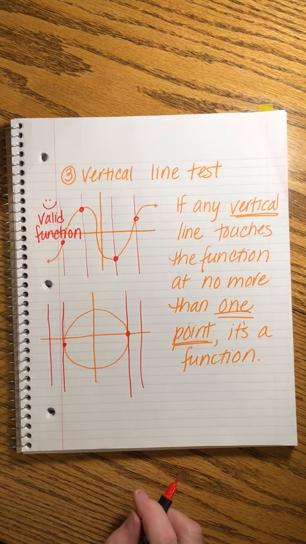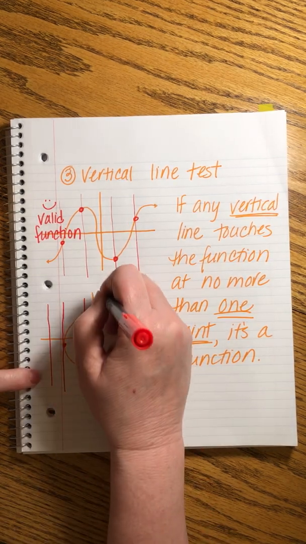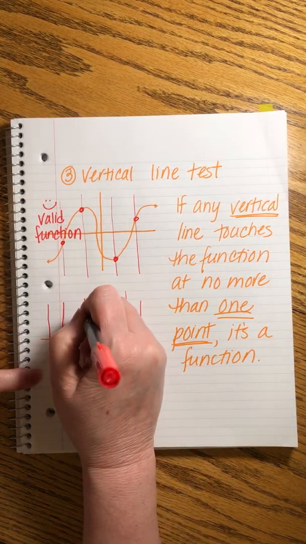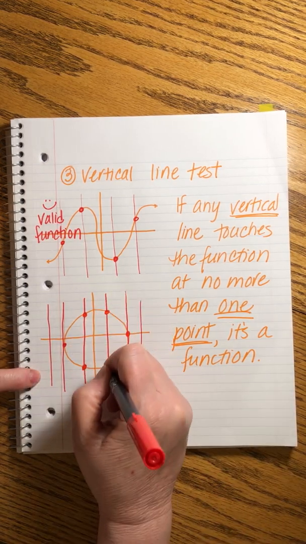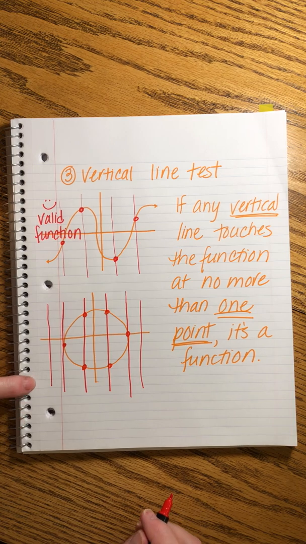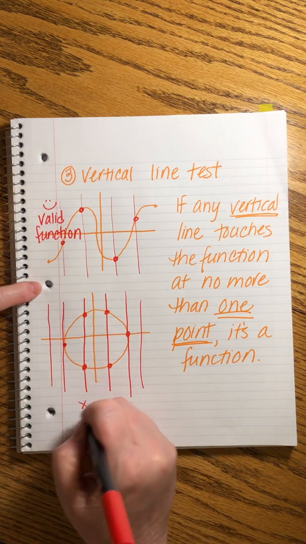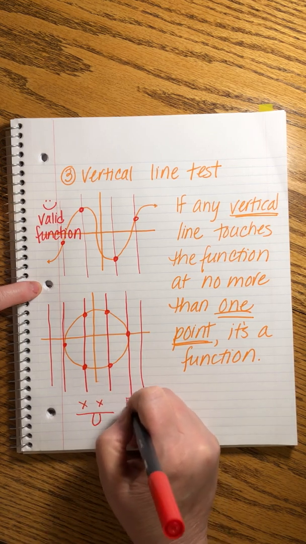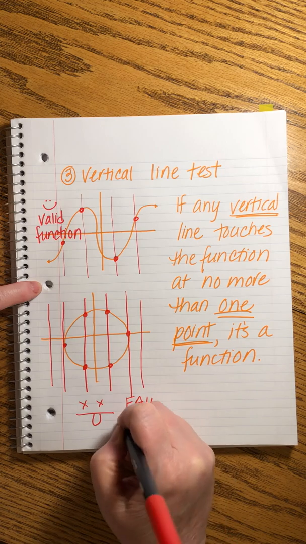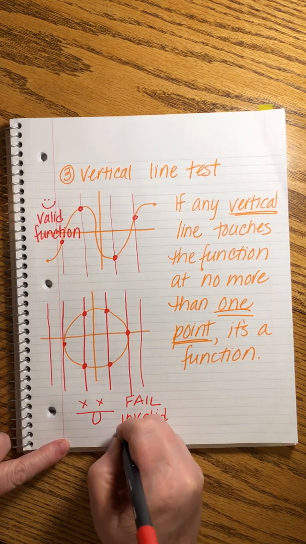That would be okay. But we can easily see that there are a whole bunch of vertical lines that would come through and that would hit it at 2 points. Uh-oh, our test just failed. So we have to say that this one is a fail. So it is an invalid function.